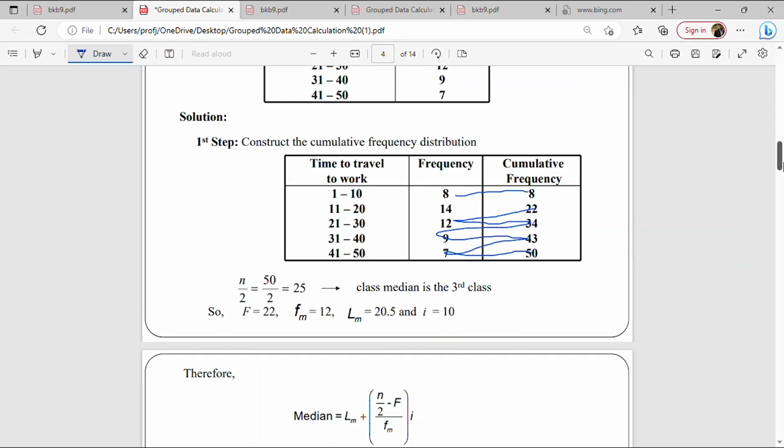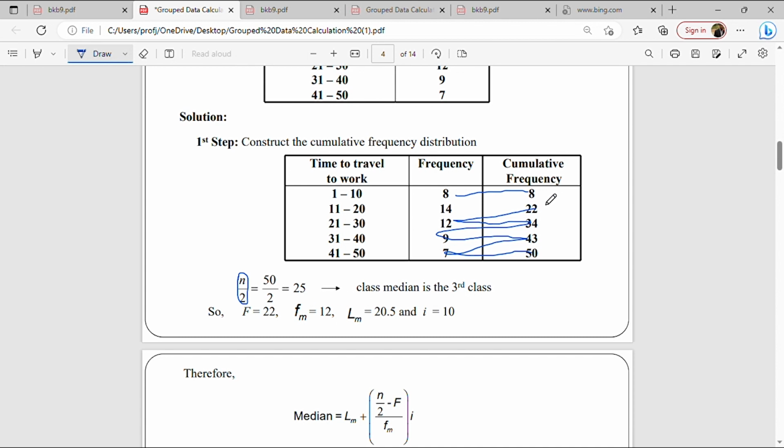Now, we need to get the next values. Look at F. We need to first find the class median or the median class. And that's this formula: N divided by 2. That's 50 divided by 2, which gives you 25. You know that the median class is at 25. So where can we find 25?